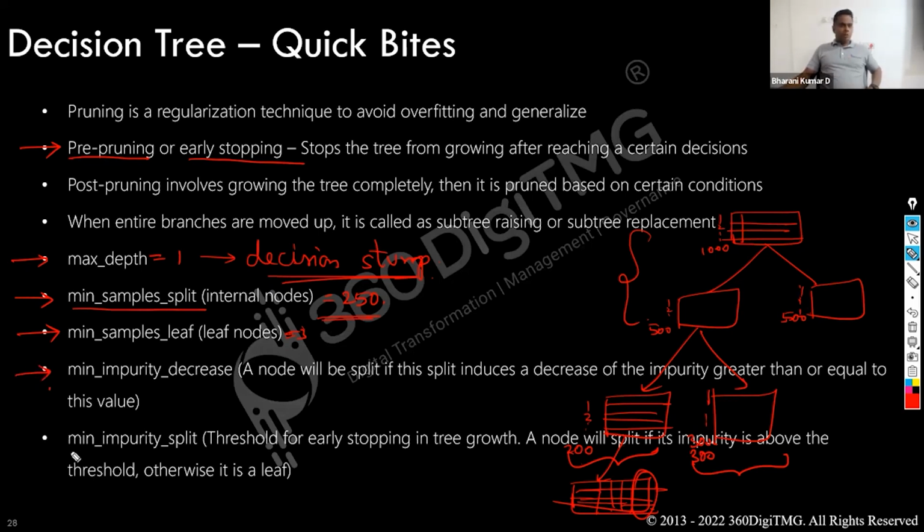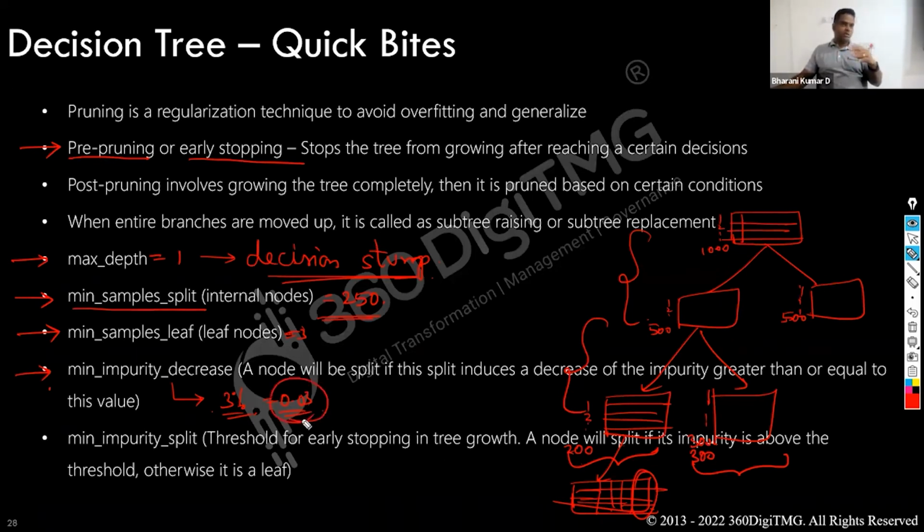What is impurity? Entropy. When you continue to split from here to here, you can put a condition on the entropy. Minimum, I want 3% reduction. 3% means 0.03. If there is 3% or 10% or 20% reduction, only then continue. Otherwise, stop.